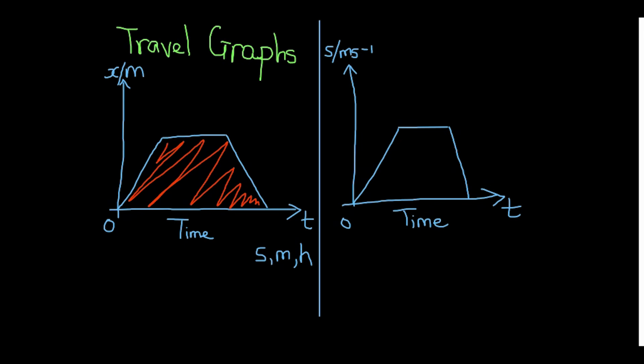Raise your hand if you think so. Do you think the area under the graph is going to give you the speed of the car? Raise your hand if you agree with that. This is quite interesting. Calissa, you don't agree with yourself anymore? Alright, so Calissa does not agree with herself anymore.